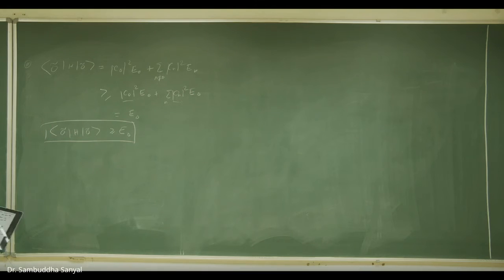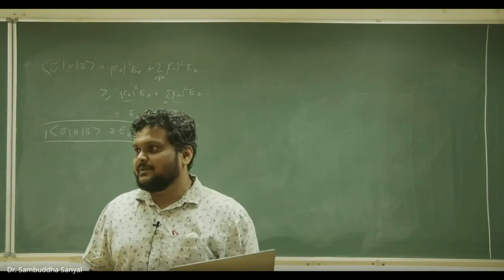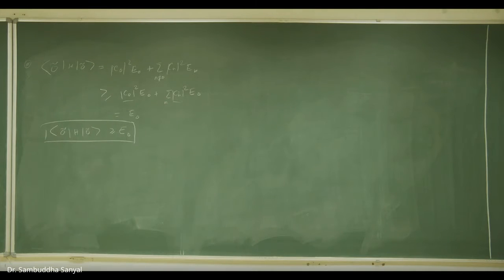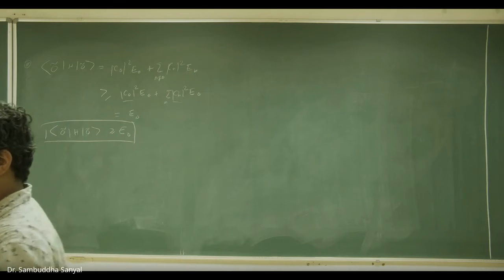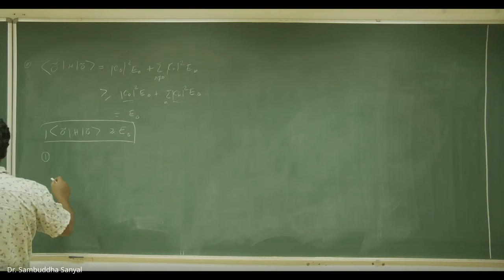So now let's try to do it systematically. First of all, right now there is no systematic way to do it. Either you have it or you don't, or you just have multiple trial states. How do I systematically improve that? Can there be a parameter? Let's say there is a parameter to this ground state. I'll give you an example immediately afterwards.